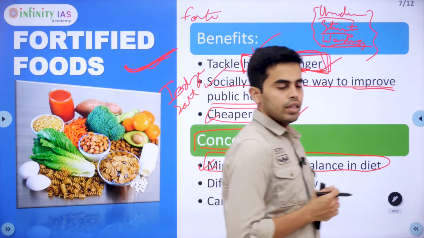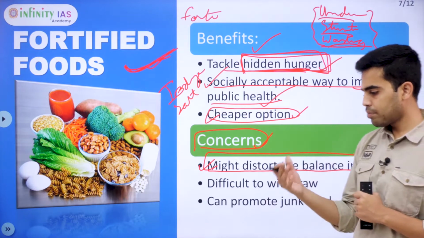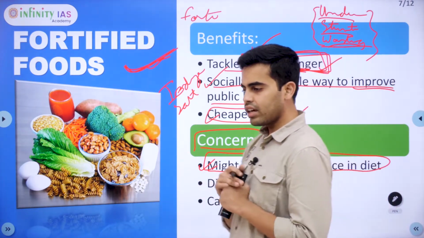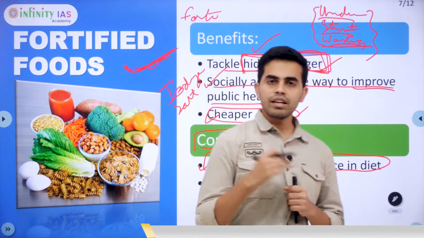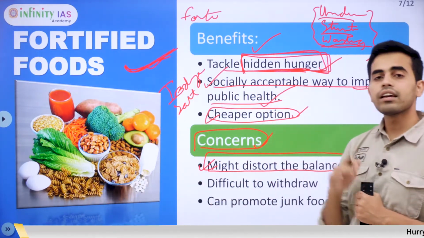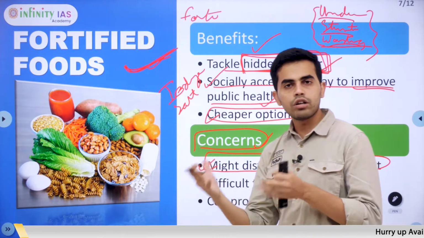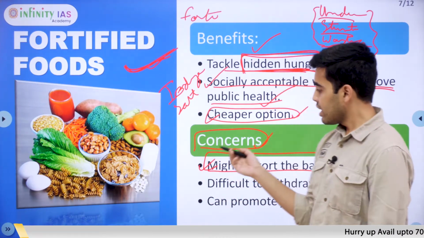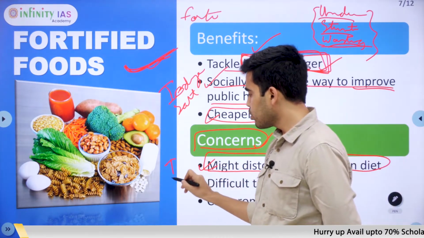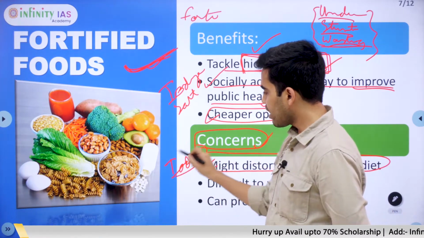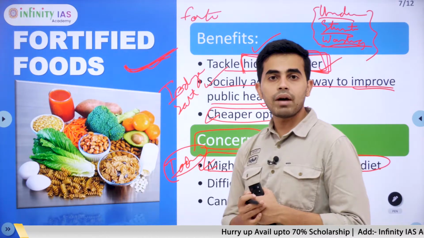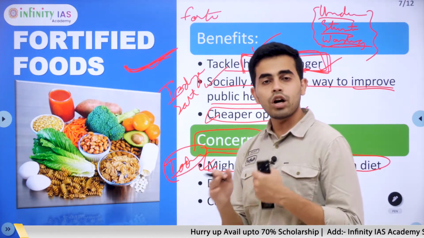For example, the patient or the person is already taking an external supplement. For example, iodine. He is already taking it because he has gone to the doctor. But he will also get iodine through iodized salt. Now we cannot see many options in the market where the salt is not iodized.